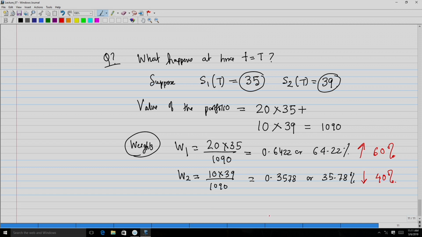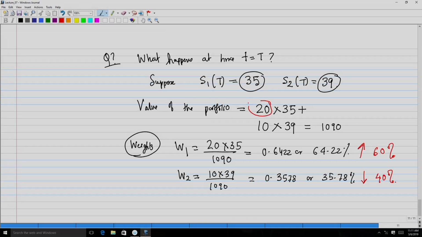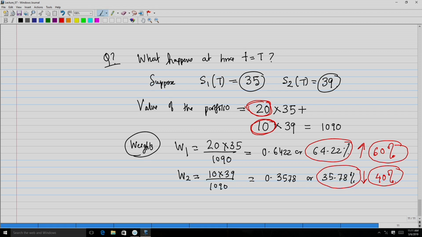So, you see, this is the point that I was making earlier: when you started off, you bought 20 units of the first stock and 10 units of the second stock, which gave the weights to be 0.6 or 60% and 0.4 or 40%. At time capital T, you still have 20 stocks and 10 stocks respectively, but the weights have changed to 64.22% and 35.78% respectively.